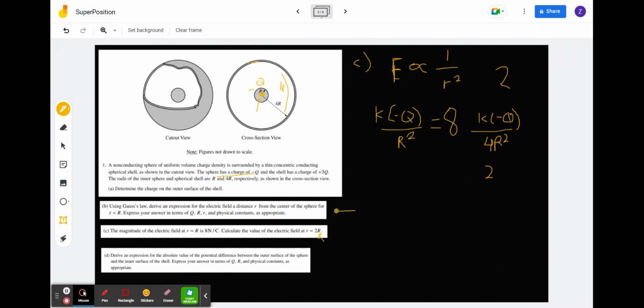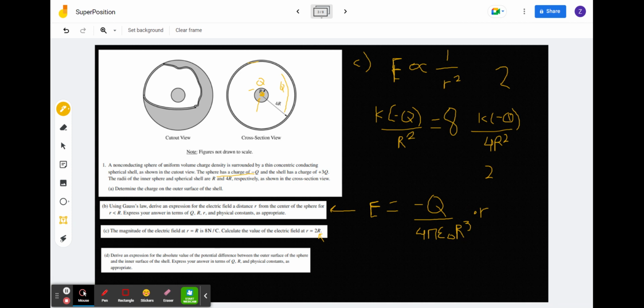But in part B, we already derived a formula. And what we got was E is equal to negative q over 4 pi epsilon naught r cubed times r, right?